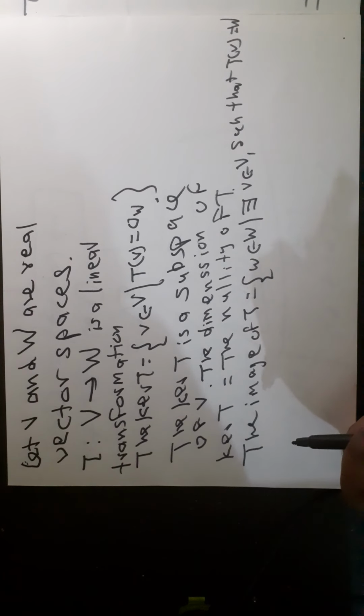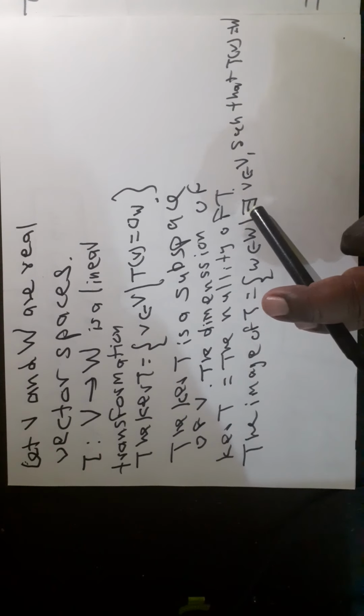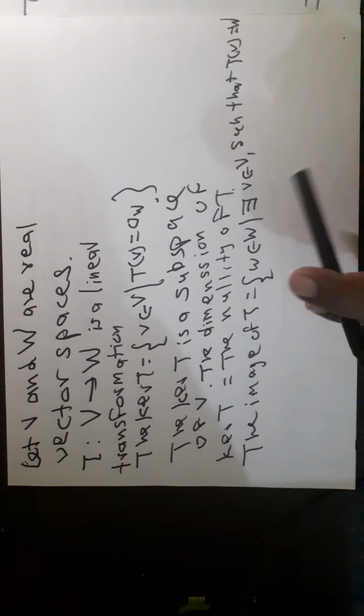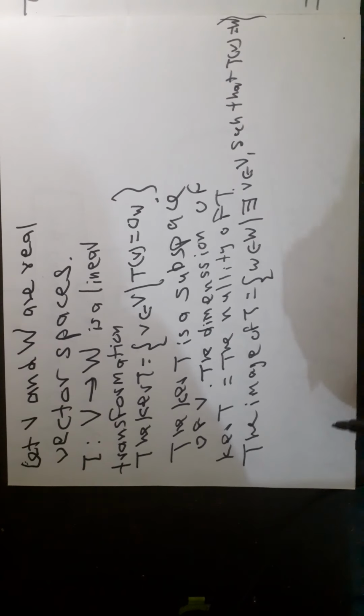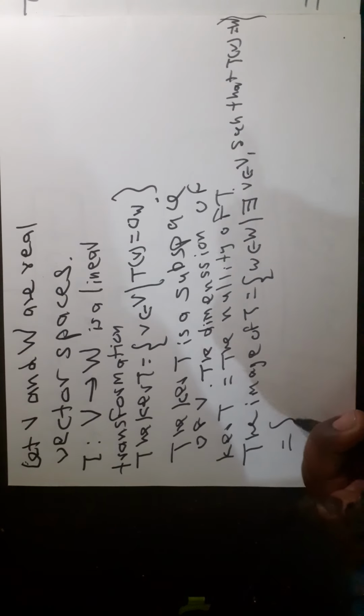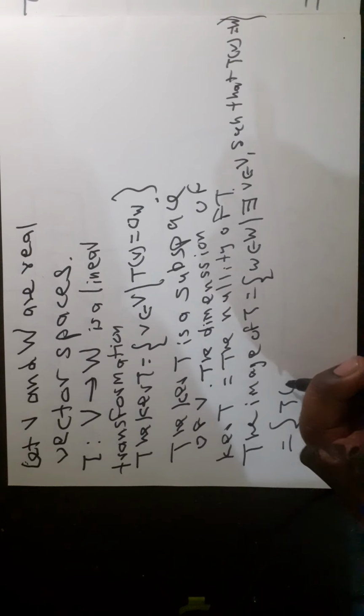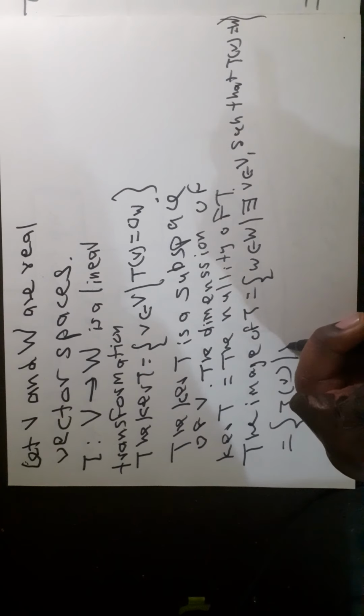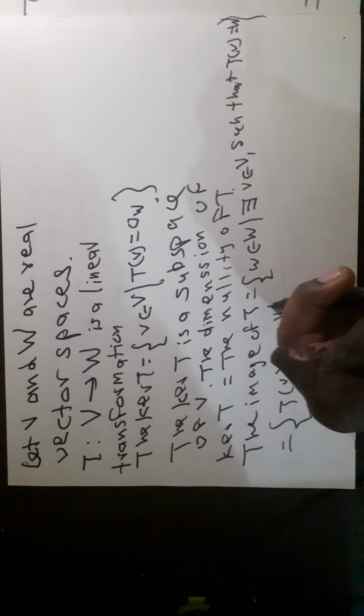The image of T is the set of w belonging to W such that there exists v belonging to V such that T of v is equal to w. Means the image of T is the set of T of v such that v belongs to V.